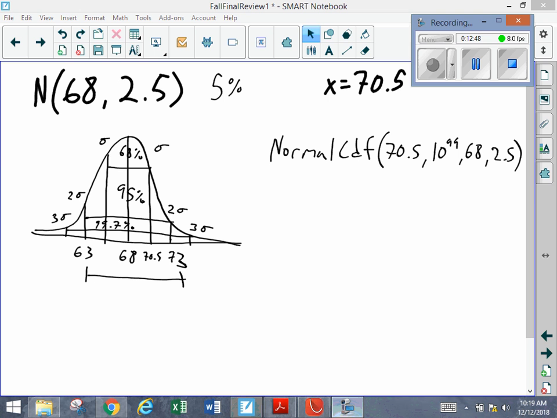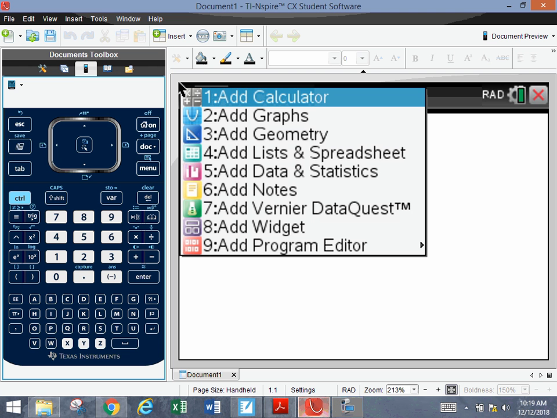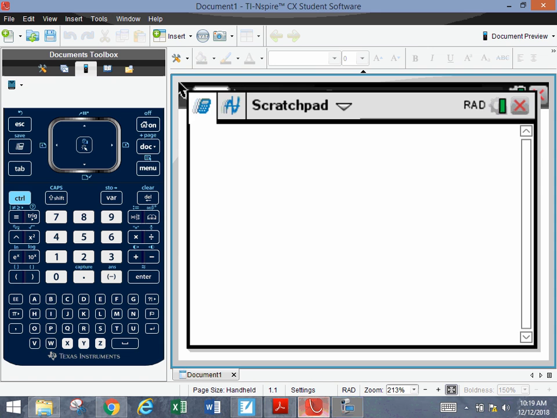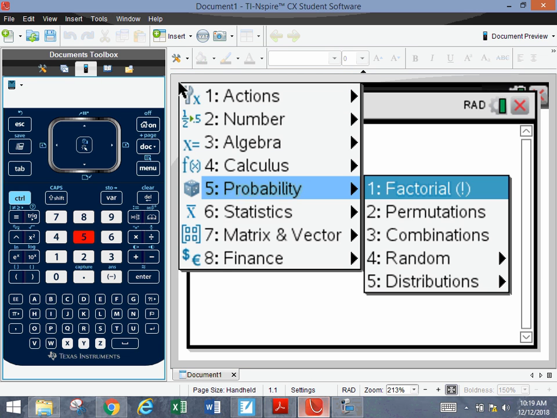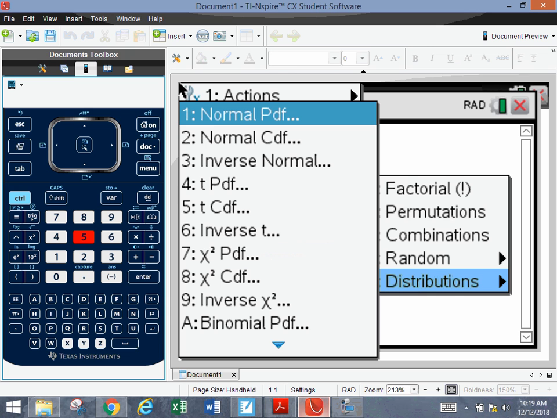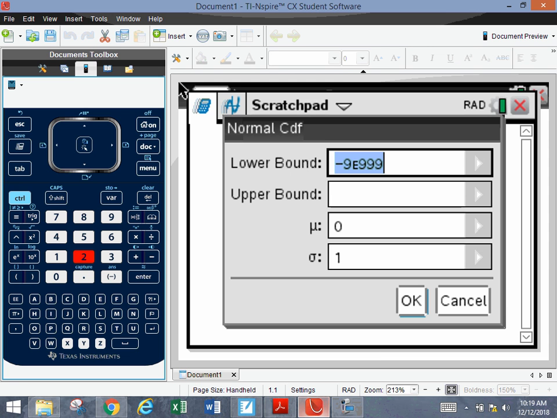So if I'm doing this test, I don't have to write down this normal CDF. I'm just going to get out my calculator. I'm going to hit my calculator key, hit menu, probability, distributions. I'm going to go normal CDF. It's cumulative, so it's finding an area on an interval.